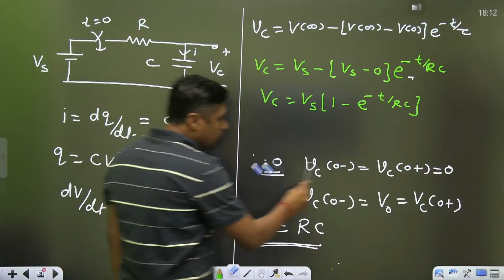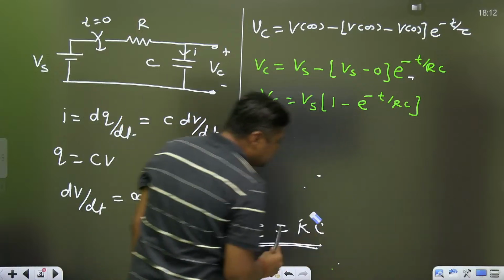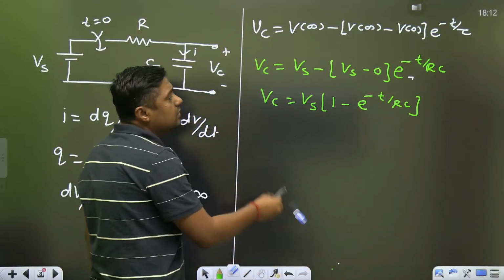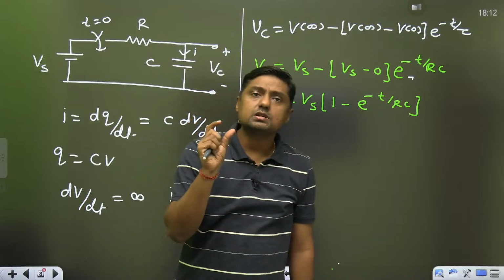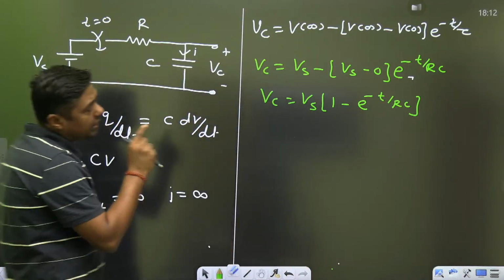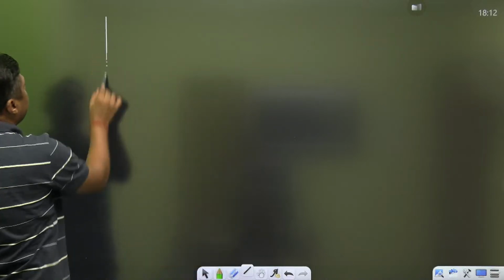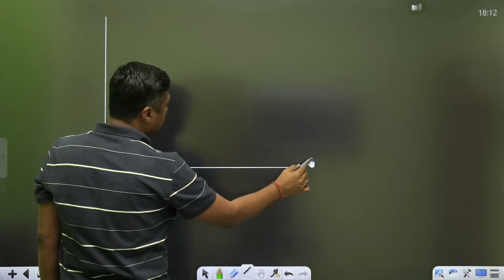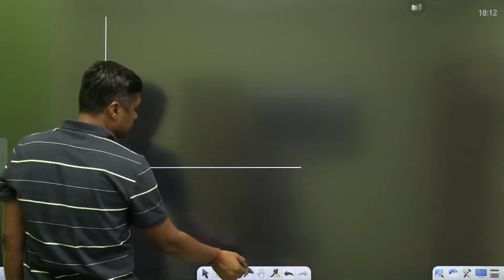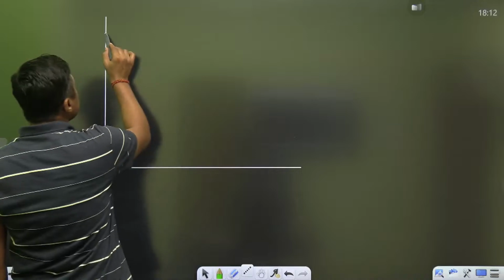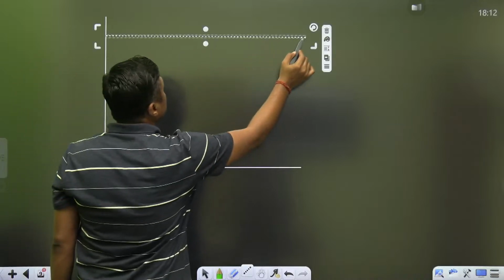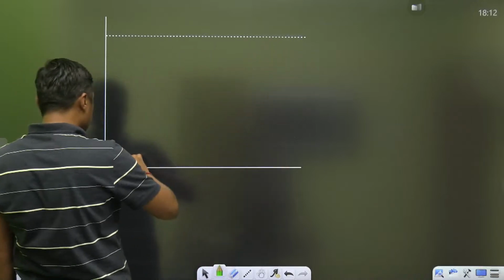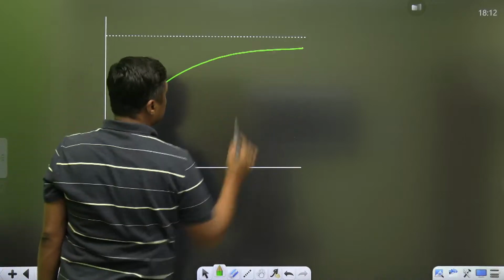Now, you are getting this equation when the initial value is 0. Now, can you plot this? Yes, we can plot. It is an exponentially increasing function. Final value is Vs. Capacitor will charge like this, exponentially it will charge.